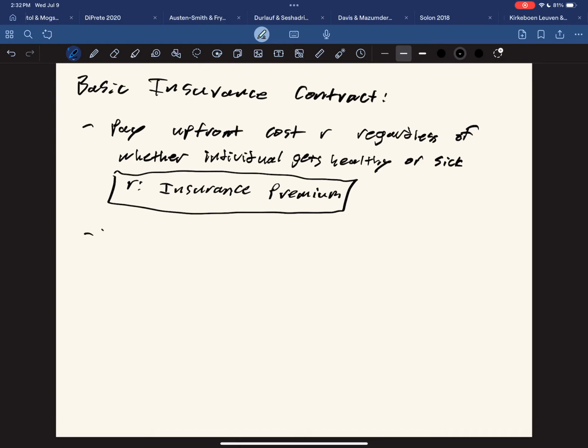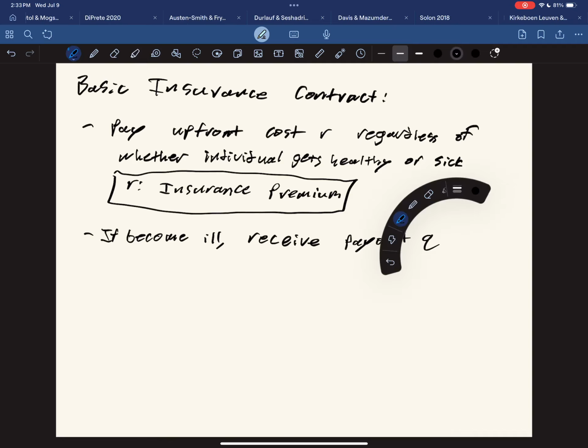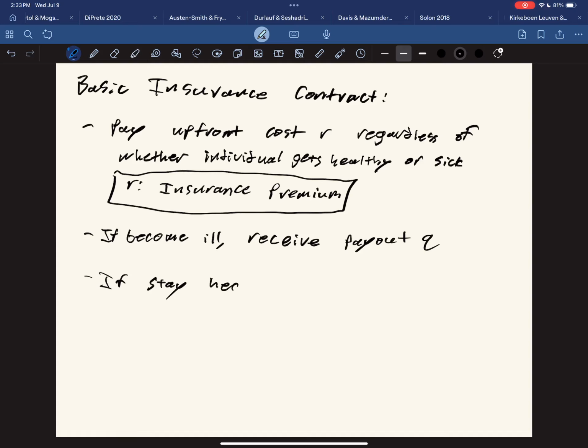If the individual becomes ill, you receive a payout Q. If you stay healthy, you receive nothing.